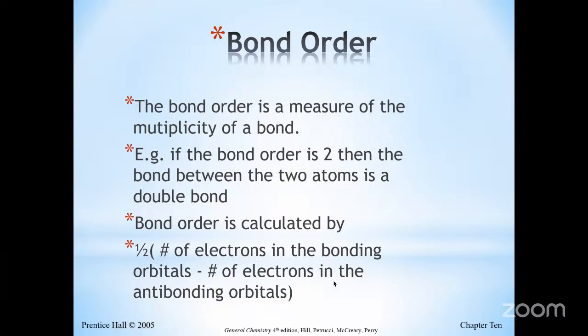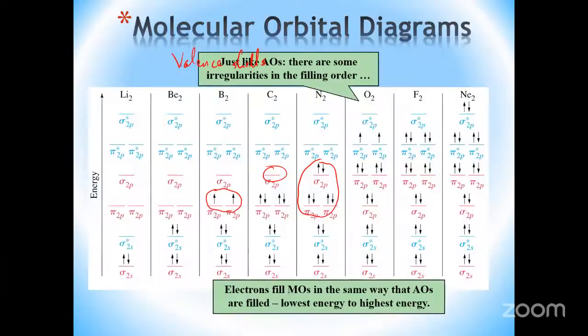Now, in terms of the molecular orbital diagram that I just showed you, how do we calculate the bond order? Well, there's a formula here which shows you how to do that. Basically, all you do is count up the number of electrons in the bonding orbitals and then subtract from that the number of electrons in the anti-bonding orbitals and then divide by 2. And that will give you the bond order for the particular structure. All right. So let me go back to this diagram here.